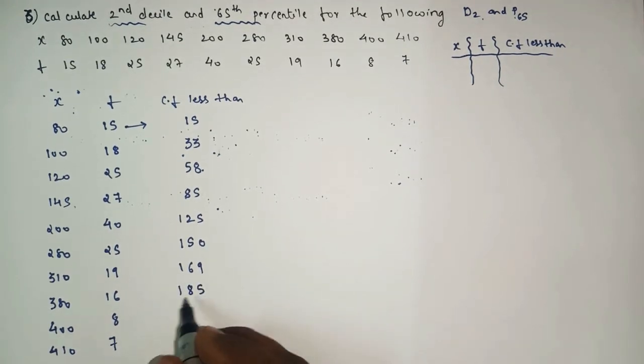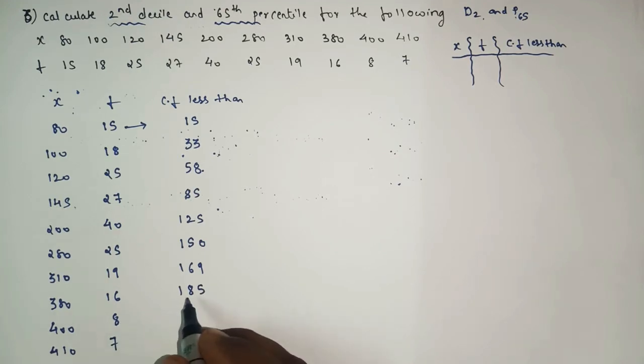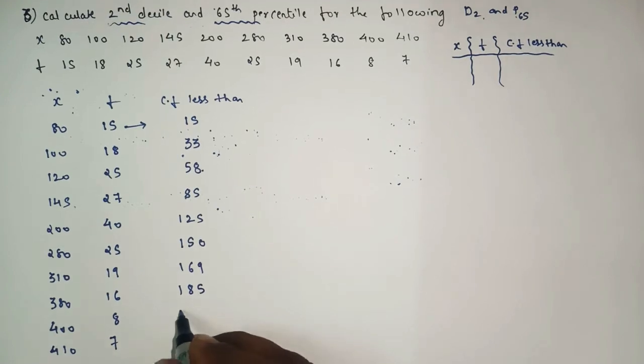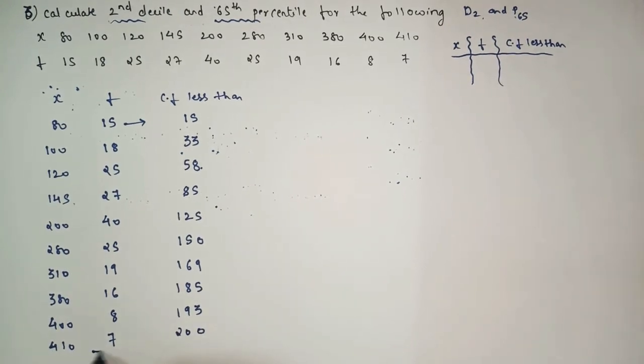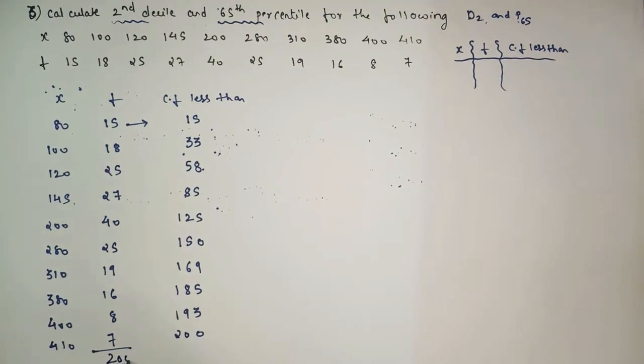Yes or no? 185 plus 8, so this will be 193. 193 plus 7 is 200. As here we got 200, of course the total frequency has to be 200.